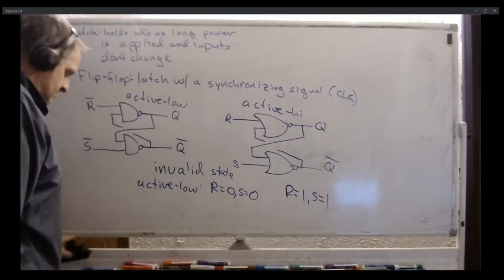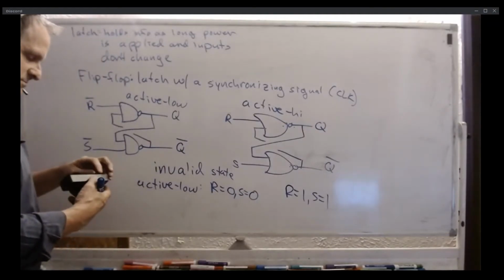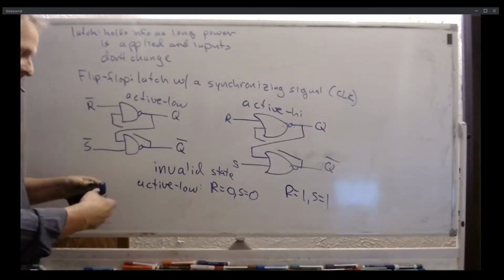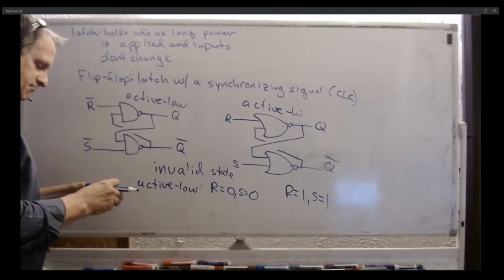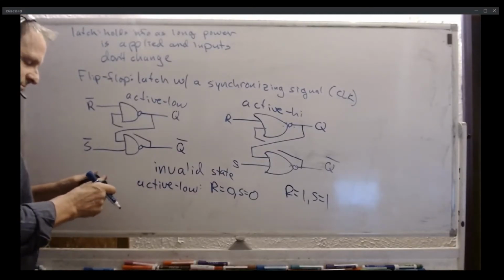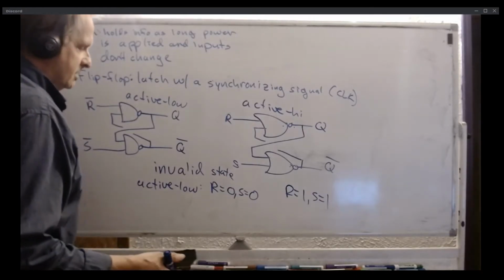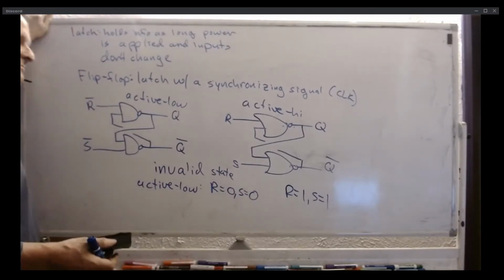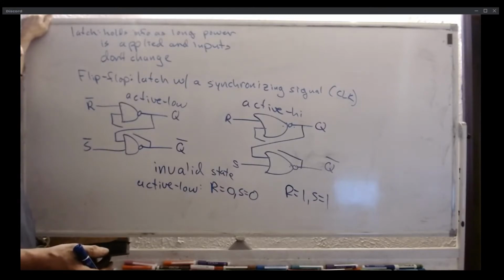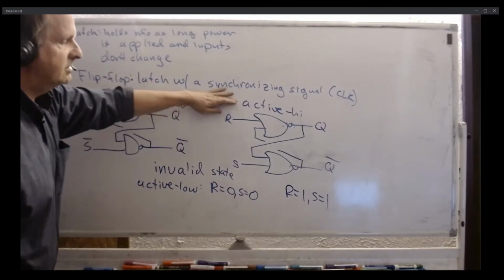Is there any difference between SR and RS? Because it should be symmetrical. No. There's no difference. Now, then why does the circle to the left have the R naught and S naught, while the one on the right has the R and the S? Because they're active high.